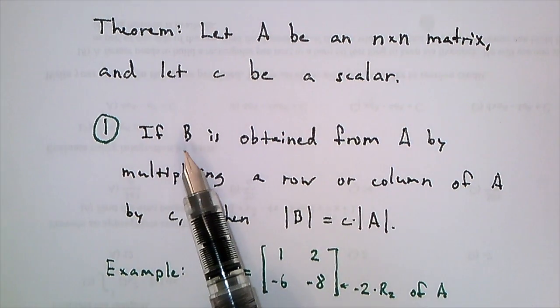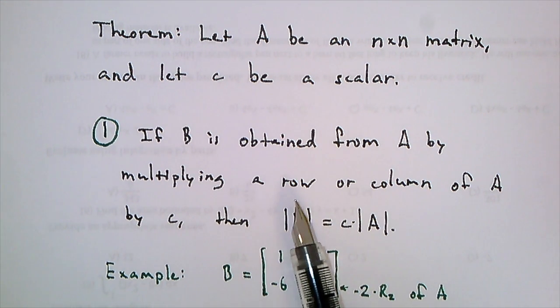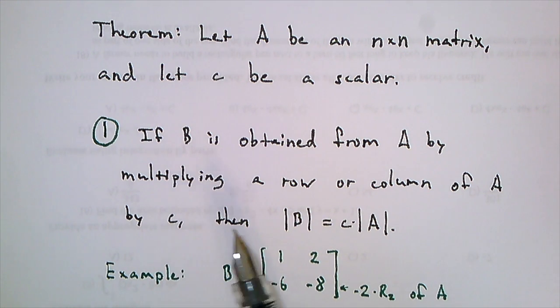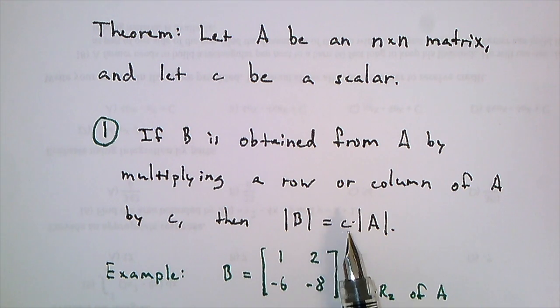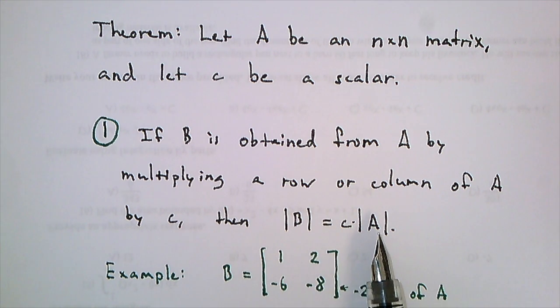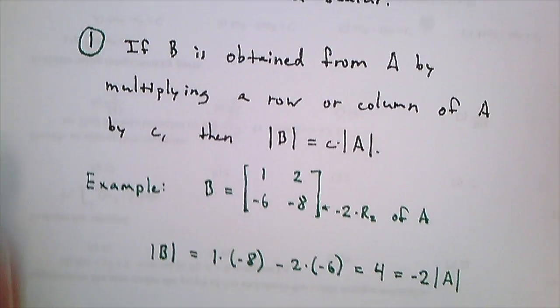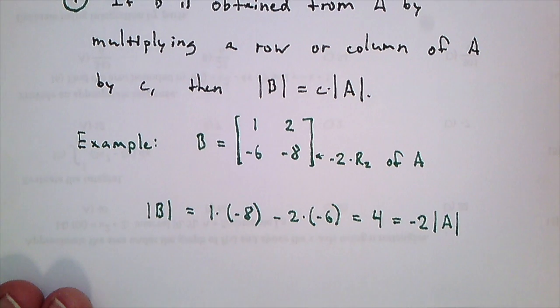If a new matrix B is obtained from the matrix A by multiplying a row or column of A by the scalar c, then the determinant of the new matrix B is c times the determinant of the original matrix A. So that's a lot to take in. Let's work through an example to see exactly how this works.